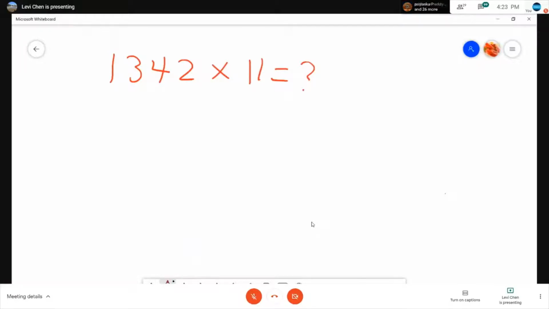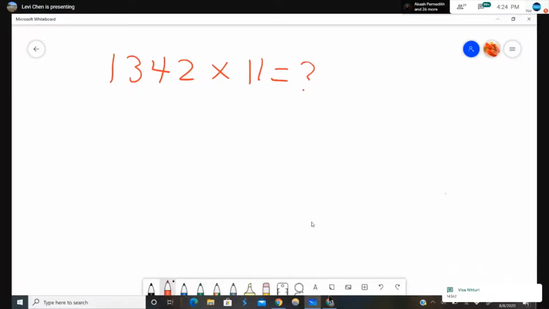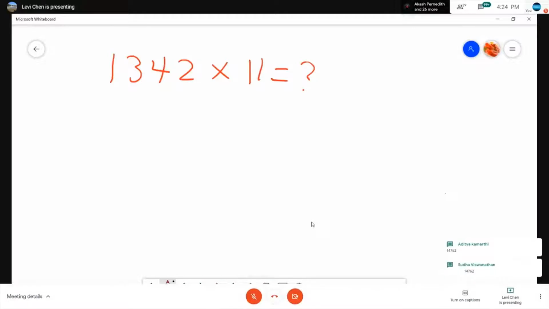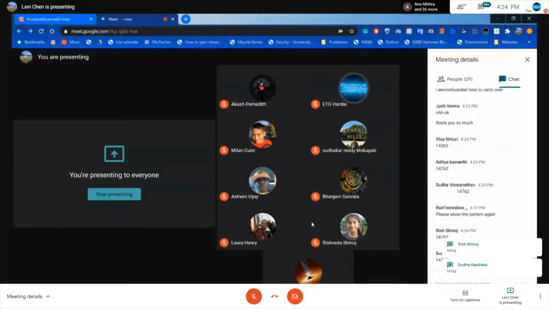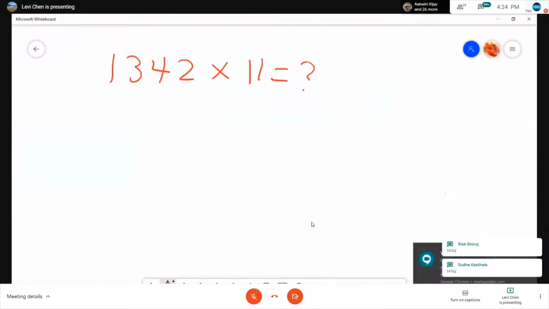Try solving on your own and see if you can figure it out, because it's the same pattern as before. Okay, I'm going to show the pattern again and go over it.